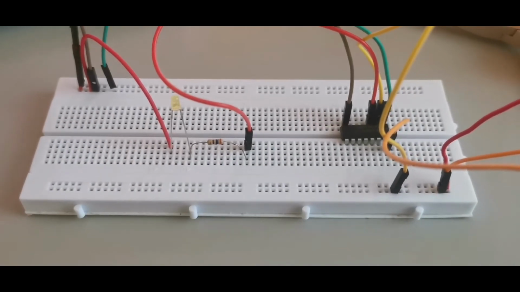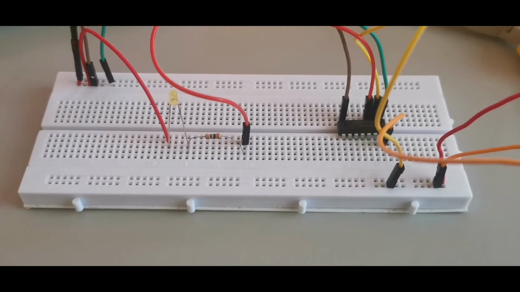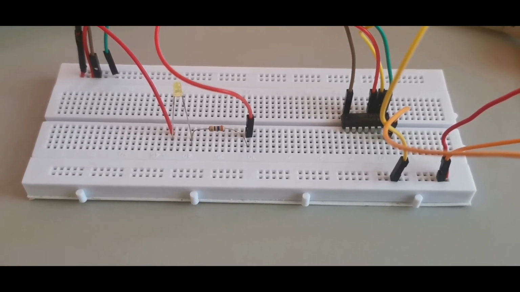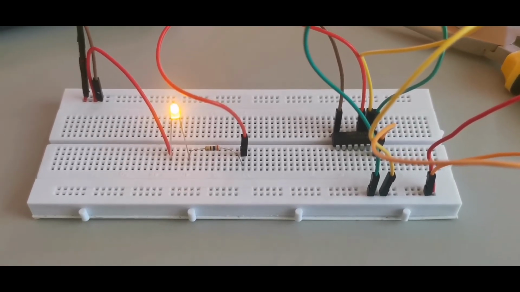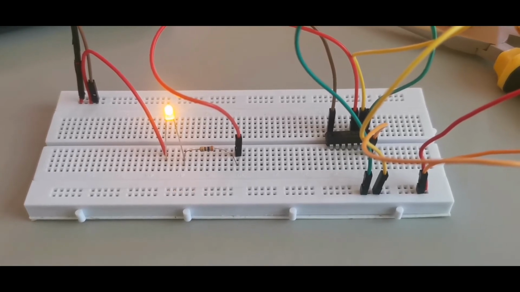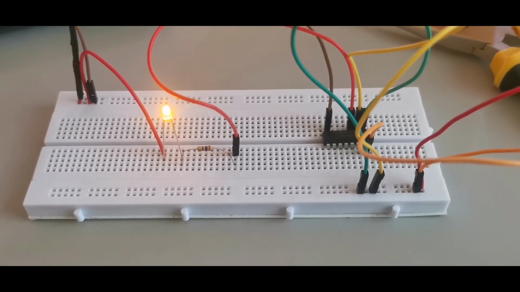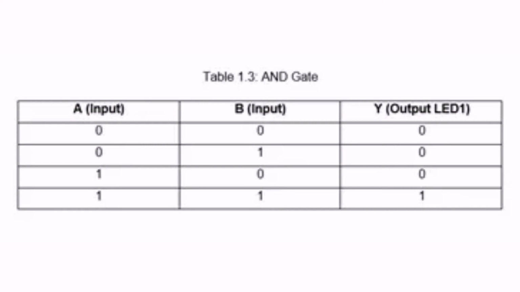If input A is 1 and input B is 0, the output will be 0. If both terminals A and B are at 1, the output will be 1. The AND gate is a digital logic gate which gives an output of true only if all the inputs are true.